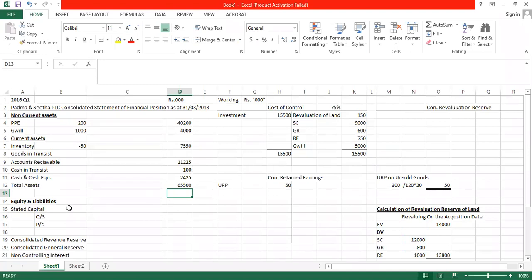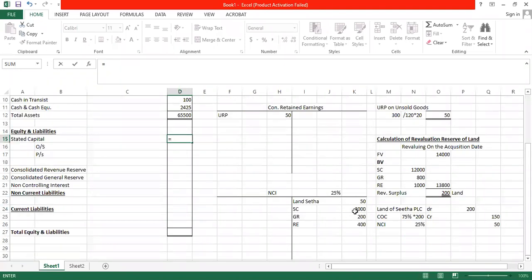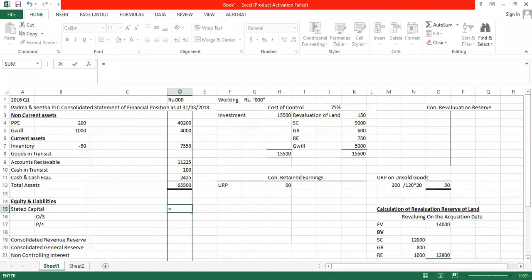Right, let's see the other part, stated capital. Now we have removed the equity portion of the subsidiary. We have removed that part to cost of control account and the non-controlling interest account here. So we can't add them again when you are getting the stated capital under your financial position statement. Only the parent part we have to take under the stated capital.